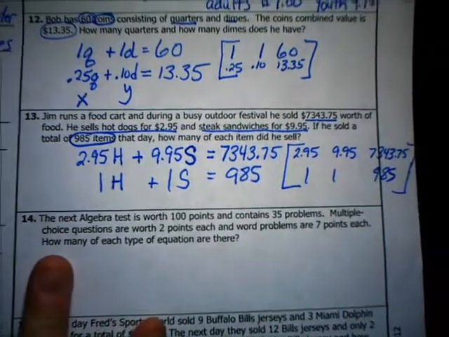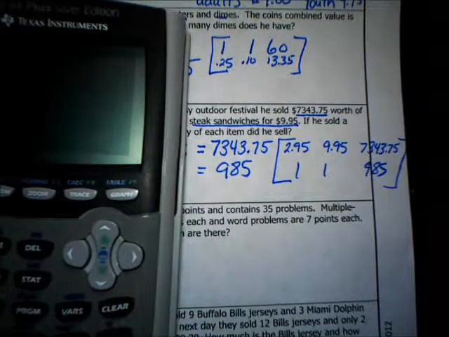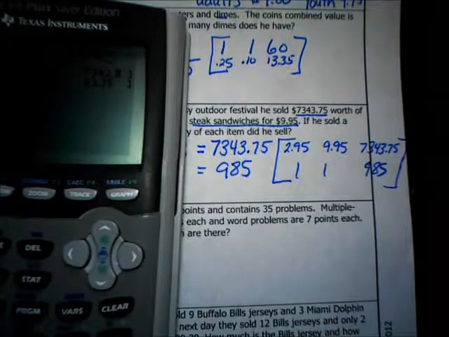I wrote it into the matrix. Now I want to put it in my calculator. So clear this out, go back into the matrix, and 2.95, 9.95, 7,443.75, and then a 1, and a 1, and a 985.